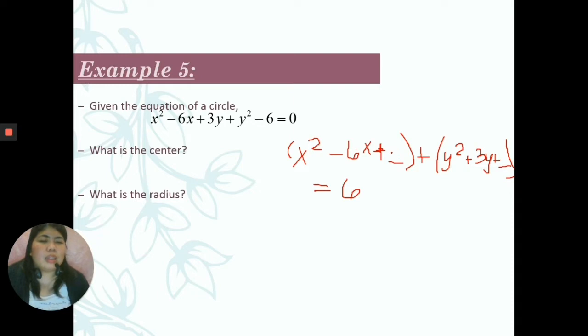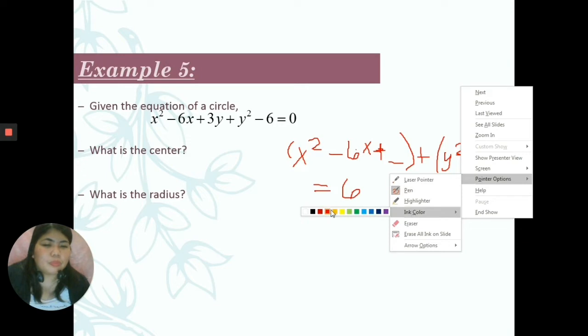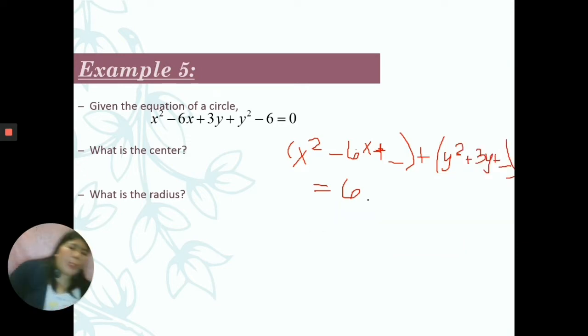We will now complete the missing numbers here. So how can we solve for that? I will use another color, blue, so we can see. All you have to do is get the middle coefficient, which is -6.